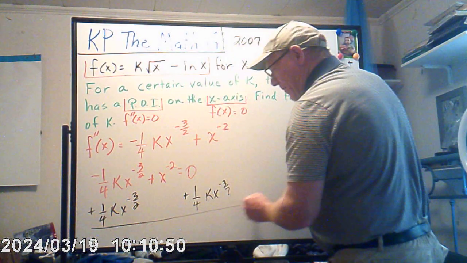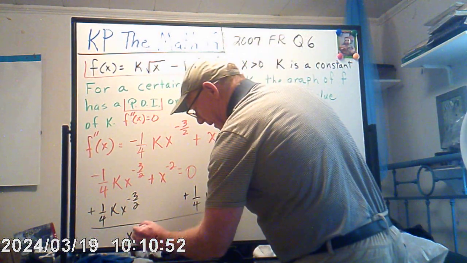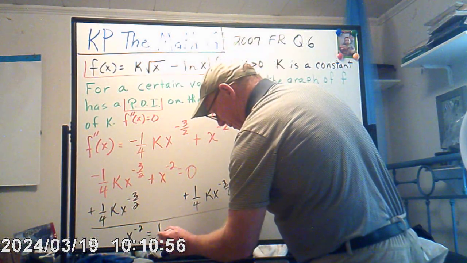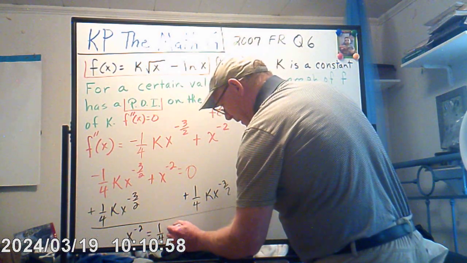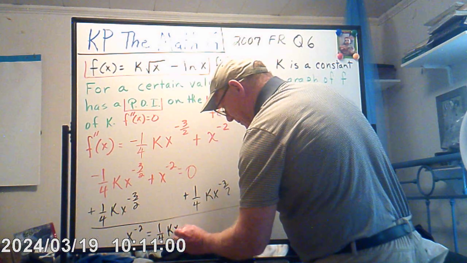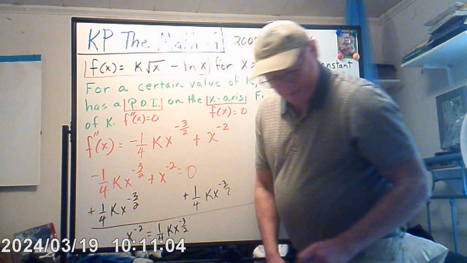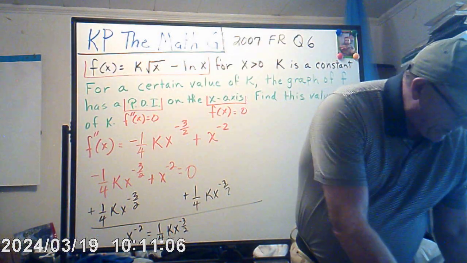Alright, what we have here is now x to the negative 2 is equal to 1/4 k x to the negative 3/2. Alright, that's where we are on that.